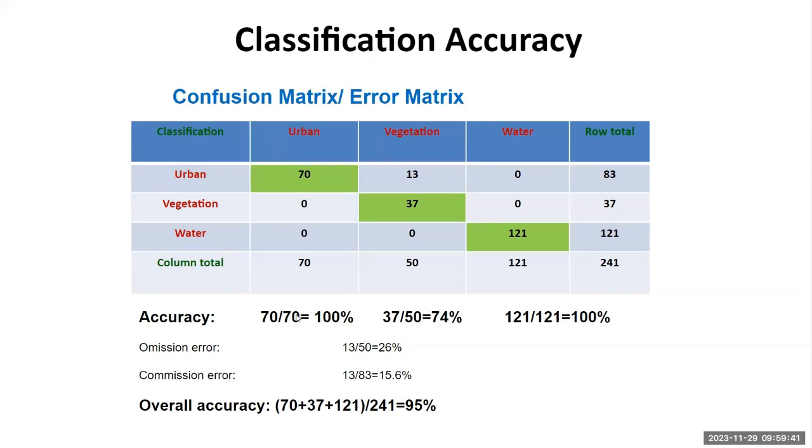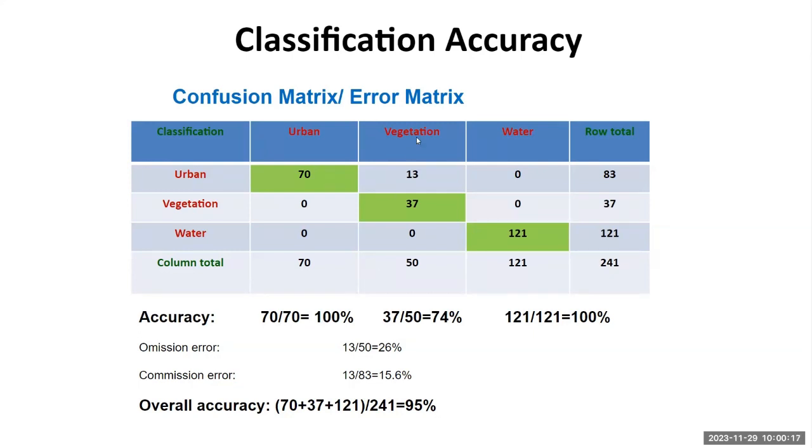So the column is the truth and the row is the prediction. In the urban column and the urban row, we have 70, and the column total is 70. What that means is that we collected 70 ground control points for urban, and for all of those, our image also identified them as urban. So for this class, the accuracy is 70 over 70, which is 100%.